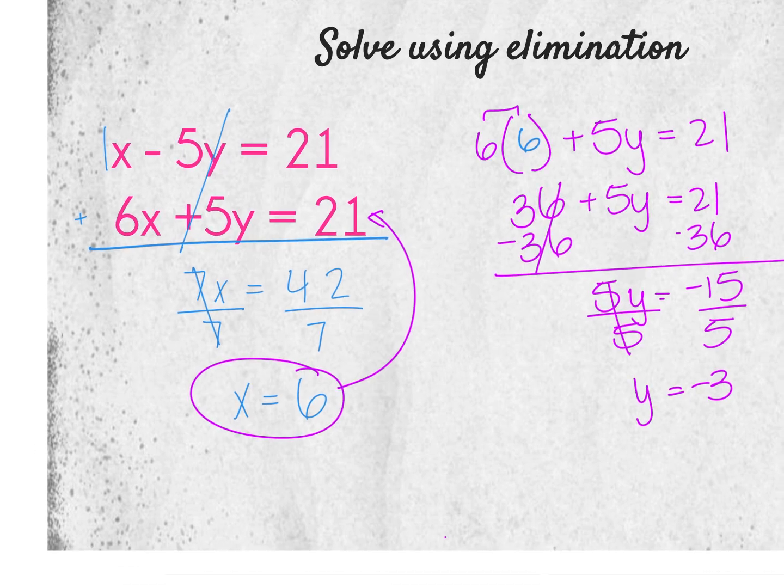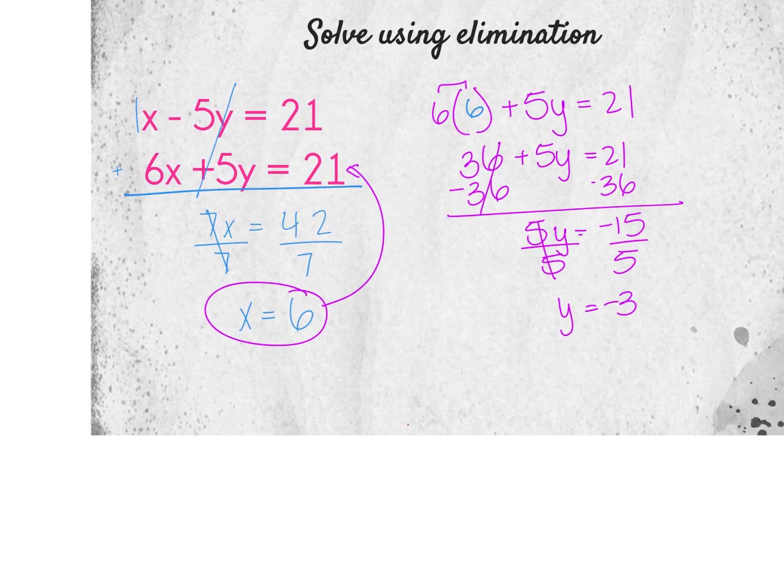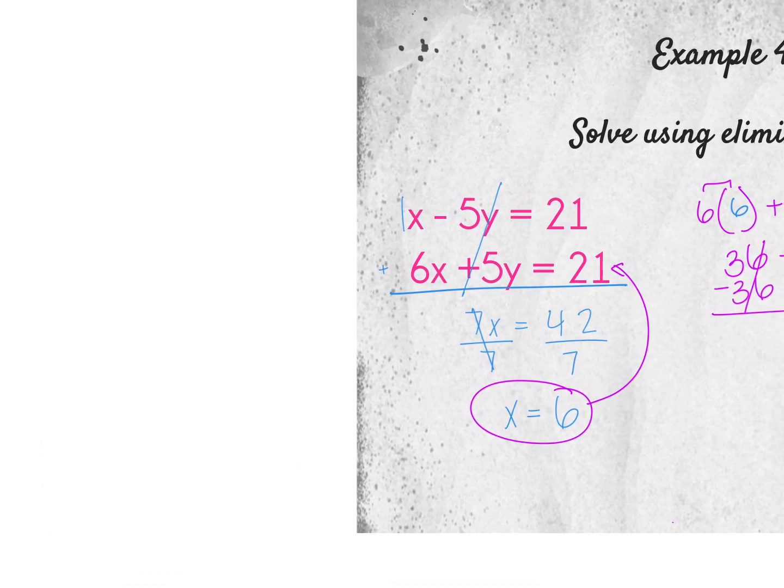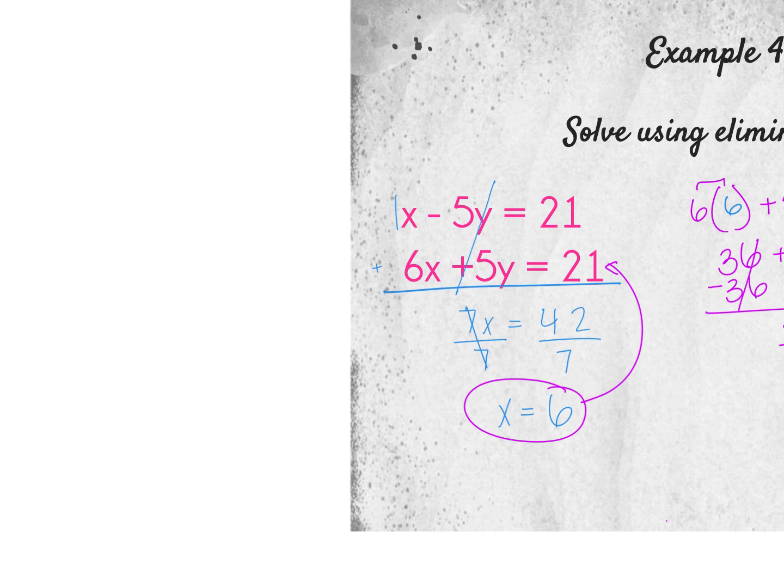So we have our answer, but I'm just going to show you plugging it into the first one still works. So let's say I'm going to have 6 minus 5y equals 21. Again, it's still going to work no matter which one you plug it into. I'm going to subtract 6 from both sides.